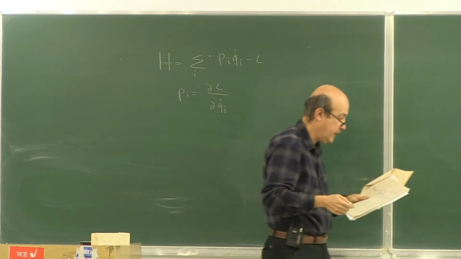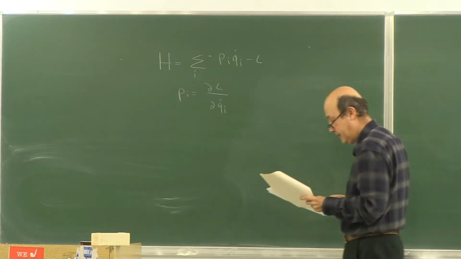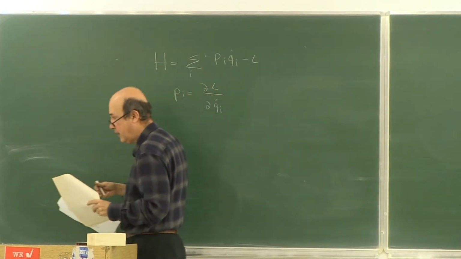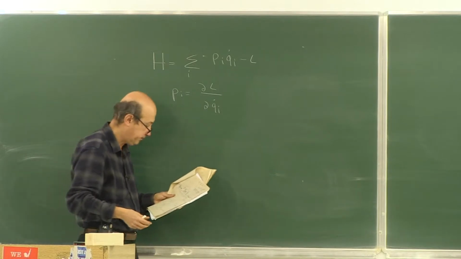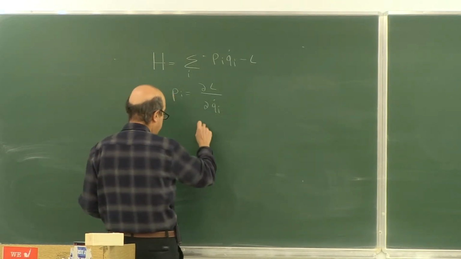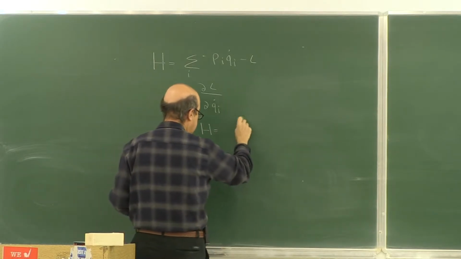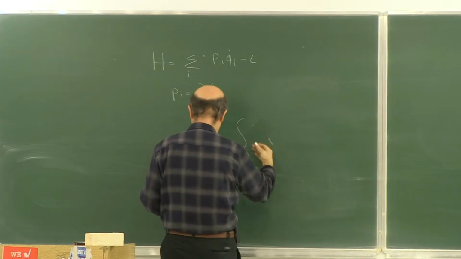So doing an analogy with the Lagrangian density, we can define the Hamiltonian density, and the coordinates in that case are the fields and the derivatives of the fields with respect to the time. So the Hamiltonian could be written as a volume integral of the Hamiltonian density.